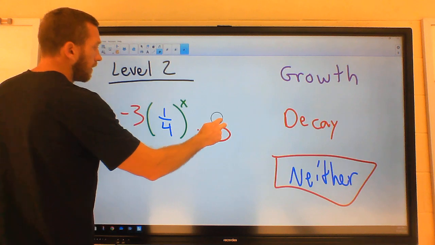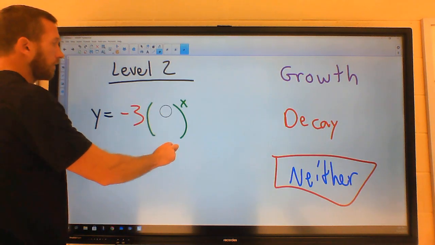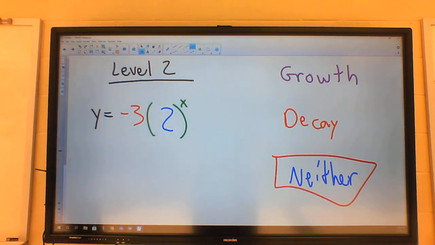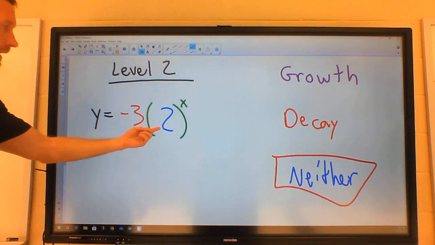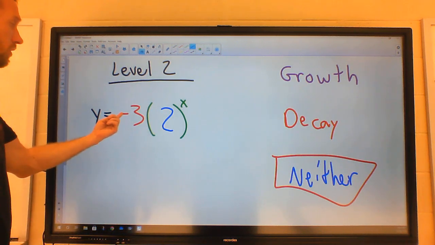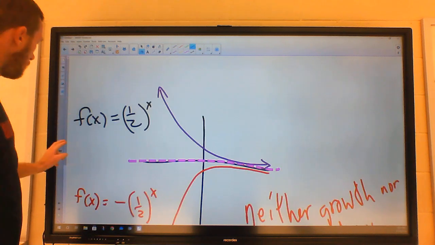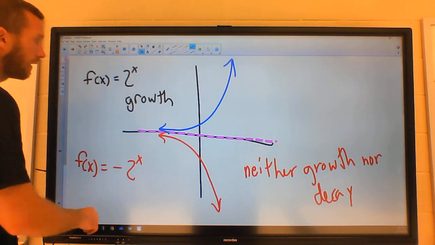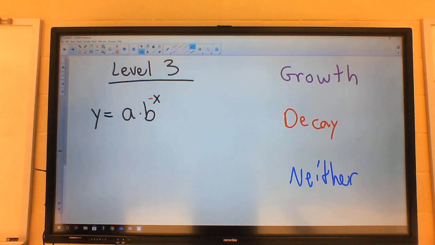And this doesn't have to be there whatsoever. Even if this was an original growth problem, like it's got a base that would typically lead to a growth problem, this gets trumped by the fact that our function has a negative out front, meaning it is below our asymptote.